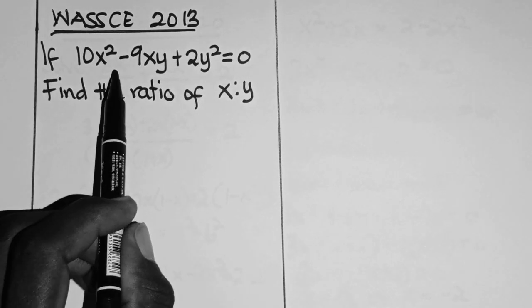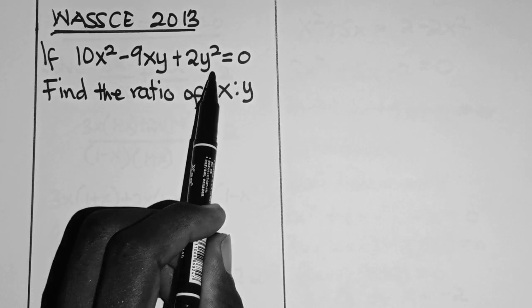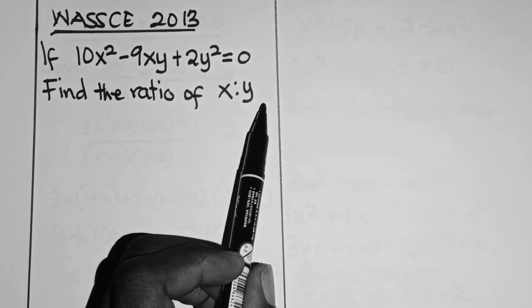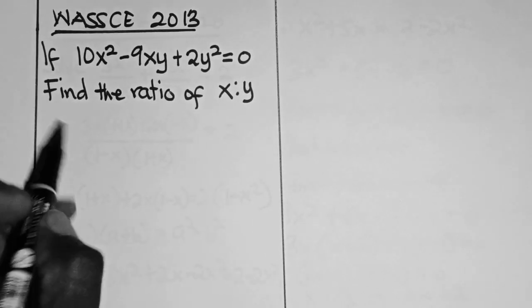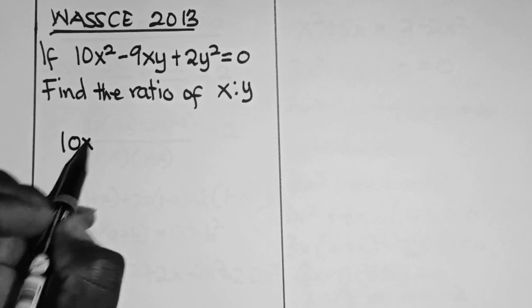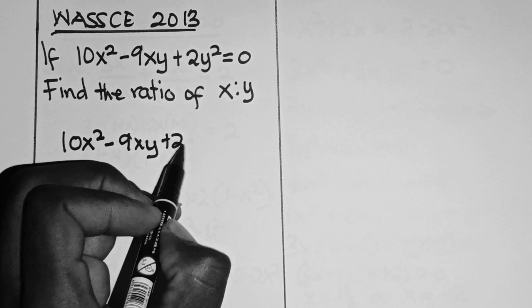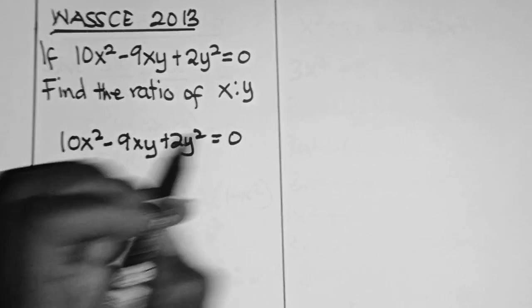If 10x squared minus 9xy plus 2y squared is equal to 0, find the ratio x is to y. So let's rewrite the equation. It is 10x squared minus 9xy plus 2y squared is equal to 0.